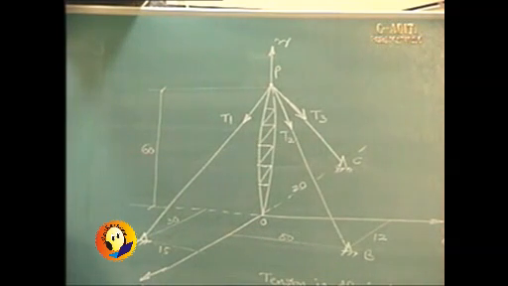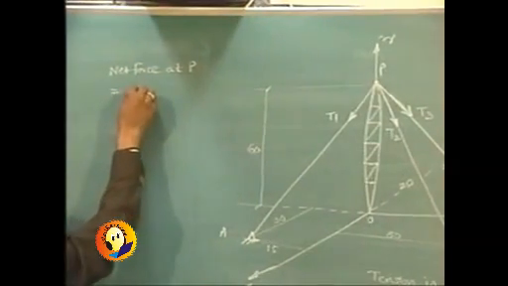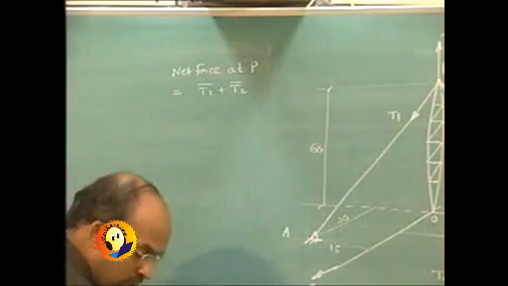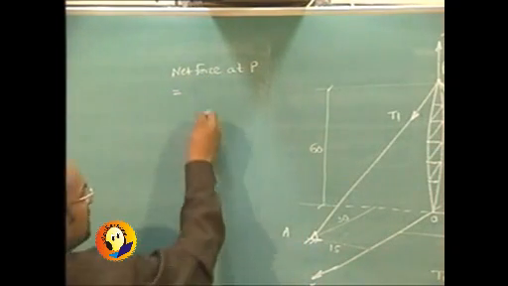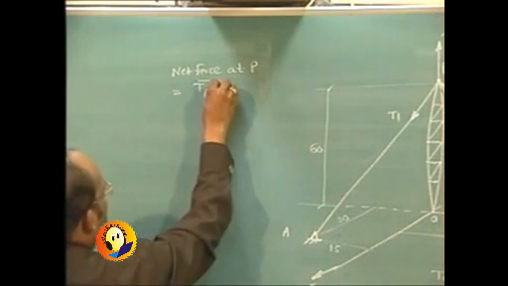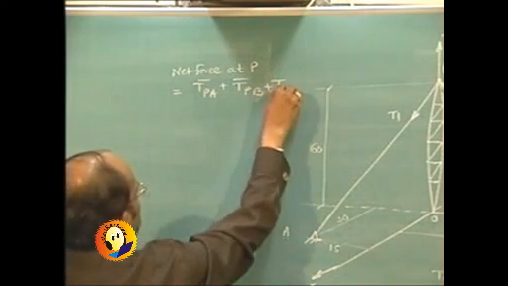So the net force at P should be equal to T1 bar plus T2 bar, or instead of writing it as T1 bar, T2 bar, let us write it as tension in PA bar plus tension in PB bar plus tension in PC bar.